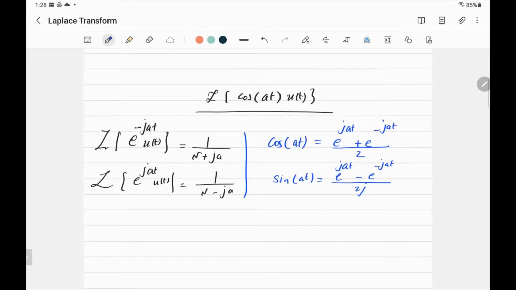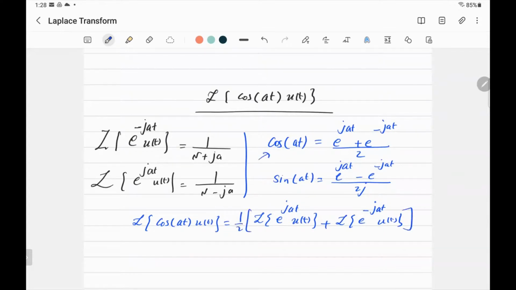I have it here. So I can write that the Laplace of cosine at u(t) is equal to the Laplace of e to the power of jat u(t) plus the Laplace, because it's a linear transformation, you can do that, of e to the minus jat u(t), and then when you get them, divided by half.